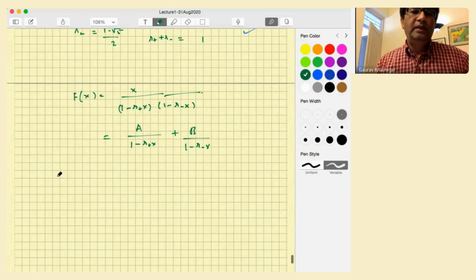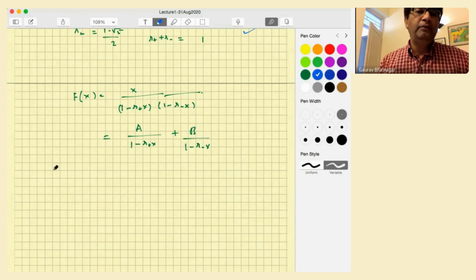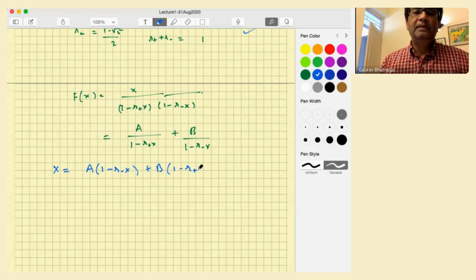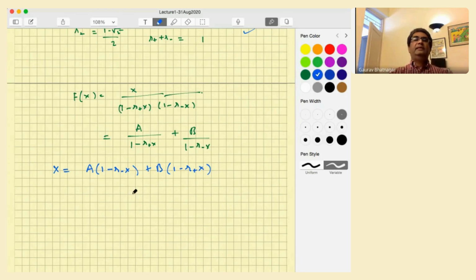You probably do, but it's not so clear I remember it. But anyway, this is what we do. So we multiply the two and compare the numerators. So we have x is equal to a times 1 minus r minus x plus b times 1 minus r plus x. This is an identity, so I can choose any value of x that I want. So I choose x equal to 1 over r minus. By doing so, I get rid of this term.